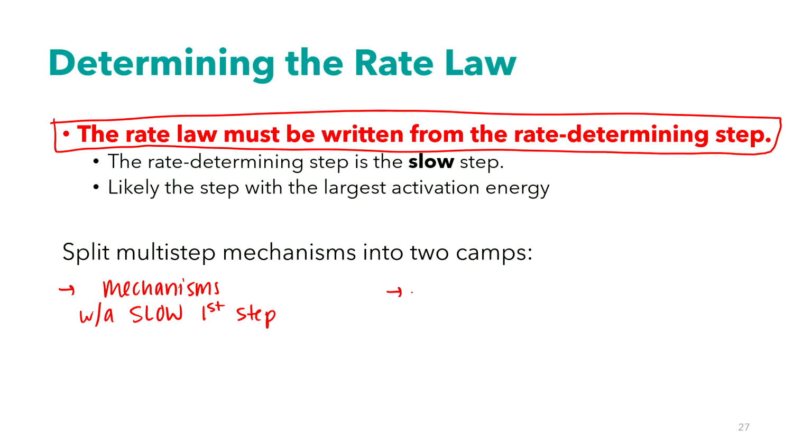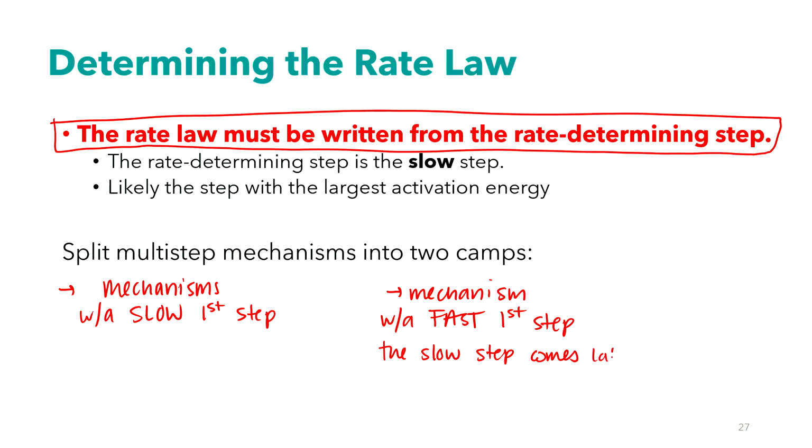Our second camp is a mechanism with a fast first step, which then means the slow step comes later. So it's either the first step or it comes later. We're going to treat those two differently. Well, not really. We apply the same rules, but we can split them out this way.